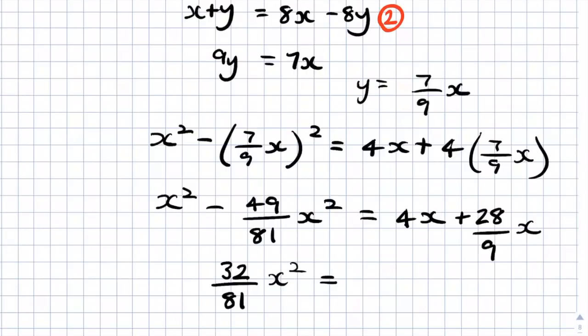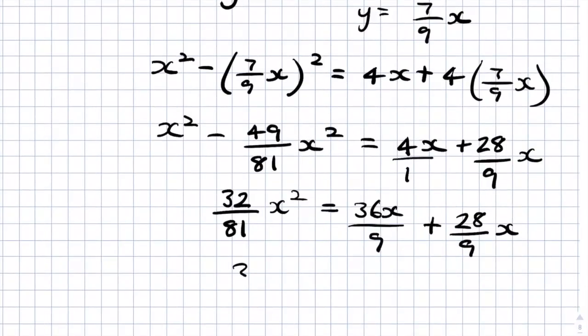We need to have a denominator of 9, so if we multiply top and bottom of 4x by 9, we're going to get 36x over 9 plus 28 over 9 x over 81 x squared, and that is going to leave us with 64 over 9 x.